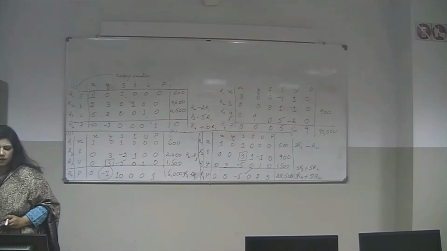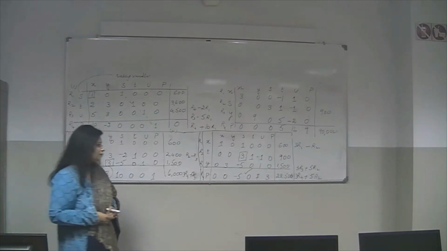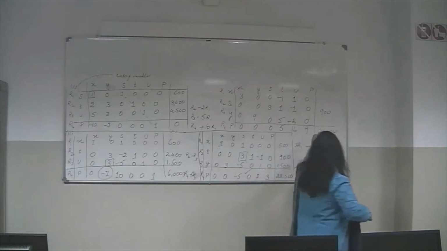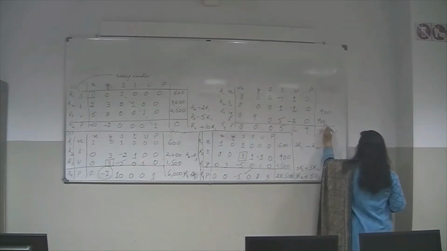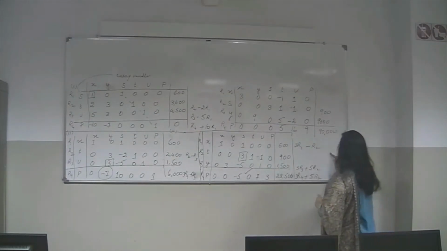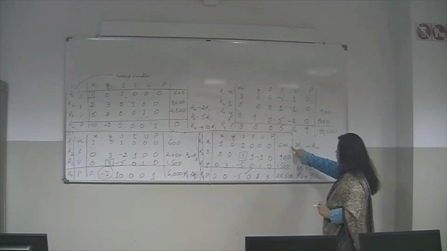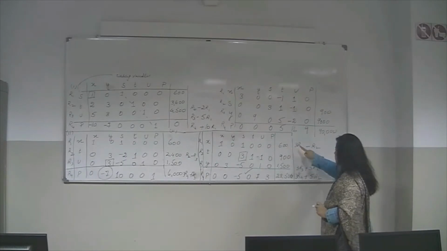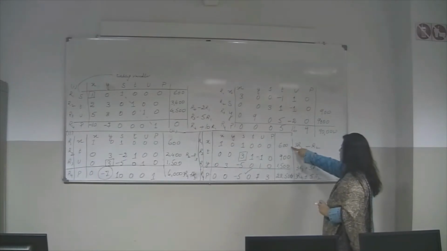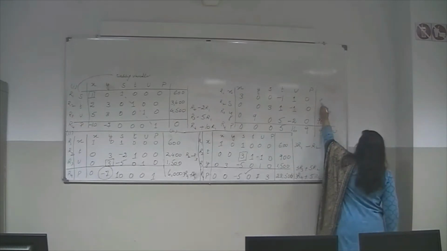So we have 9,000 approximately. And as you can see, this is 3, so it's 3 into R1 is 600, so it's 1,800, and minus R2 is 900, so 1,800 minus 900, we get 900.